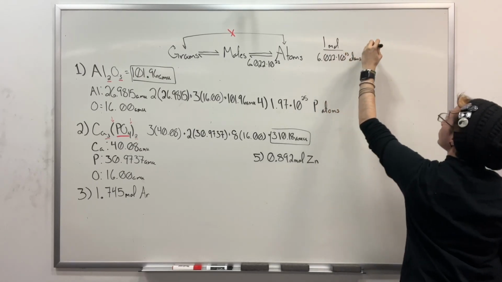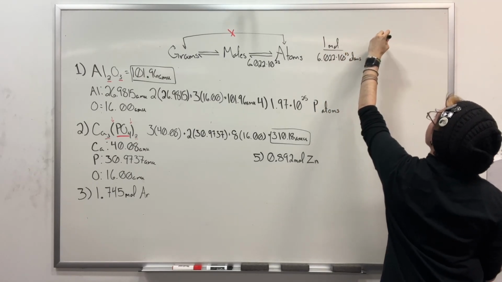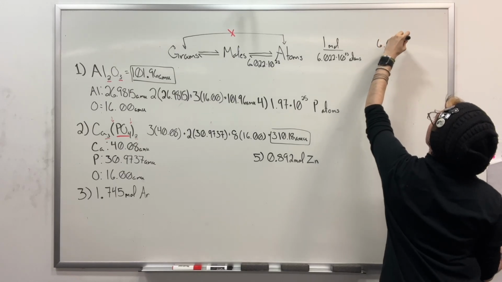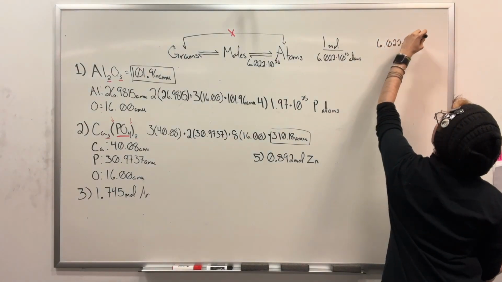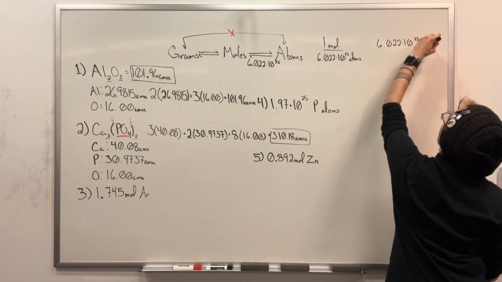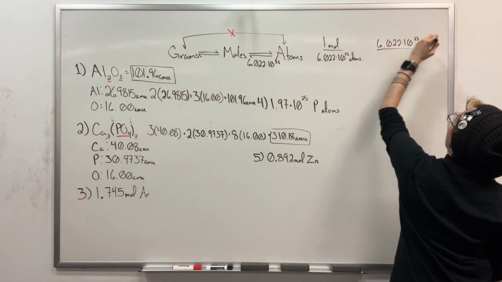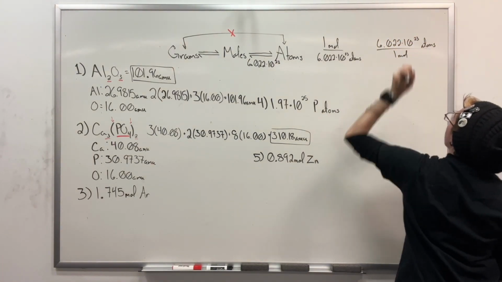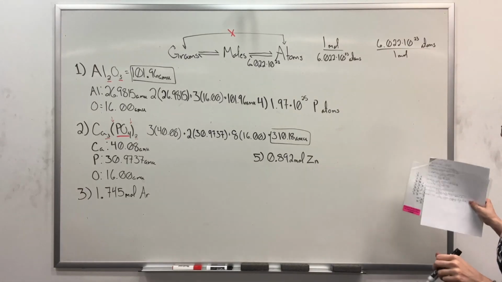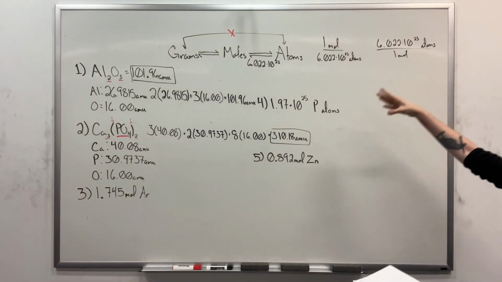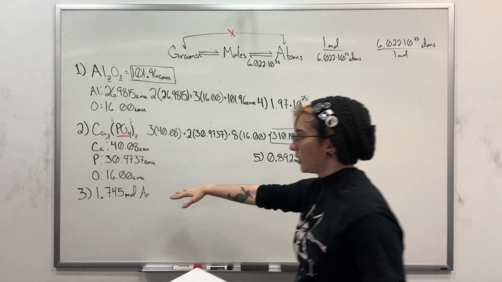And of course, we can flip that. 6.022 times 10 to the 23rd atoms per 1 mole.